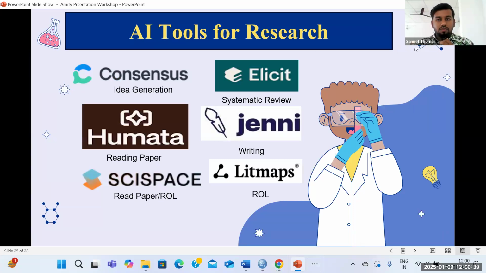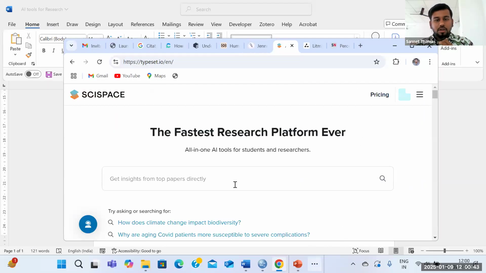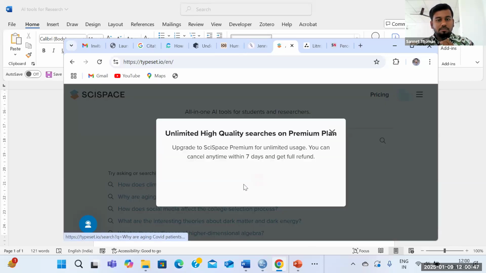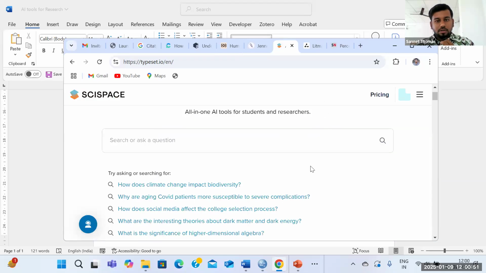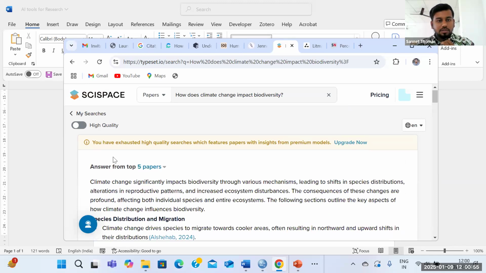Okay. The next one is SciSpace. SciSpace is also helpful for reading the article and also helpful for review of literature. Say, for example, how does climate change impact diversity? If I ask this question, it will give answers.